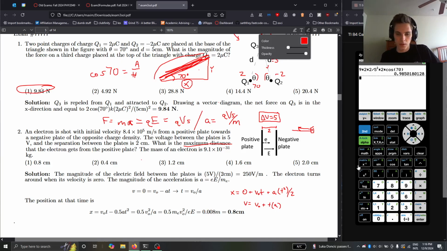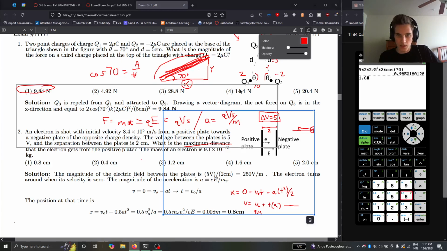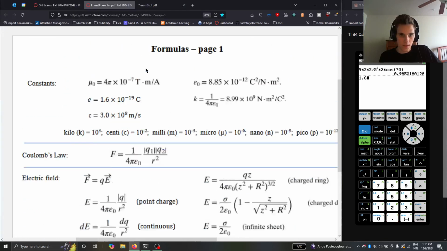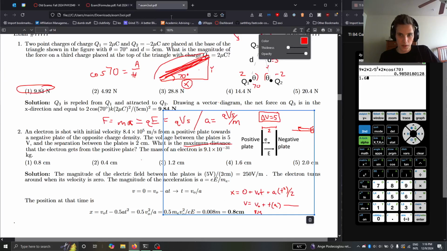So what we'll do is, we know this V naught is 8.4. I wonder if I have to use proper units. I'm going to try it without it, and we'll see what happens. Let's calculate the acceleration real quick. So like I said, that's going to be Q, which is electron, which I think is 1.6. It's on the sheet here. 1.6, yeah. Times V, which is 5, times separation.